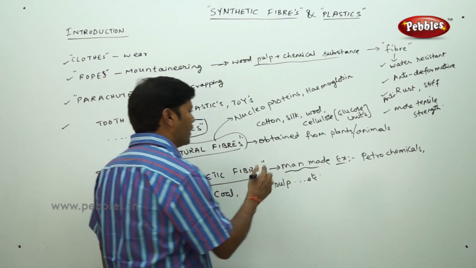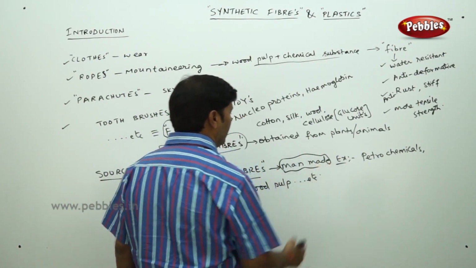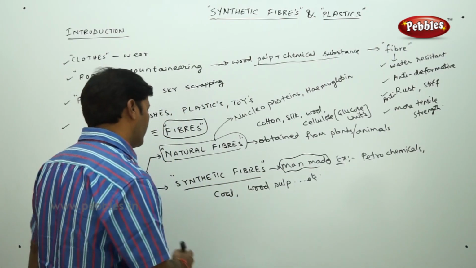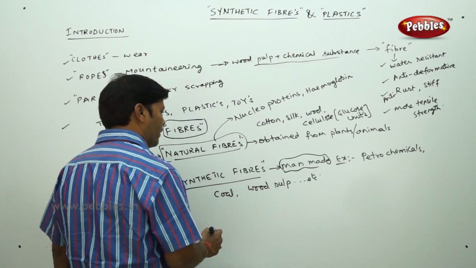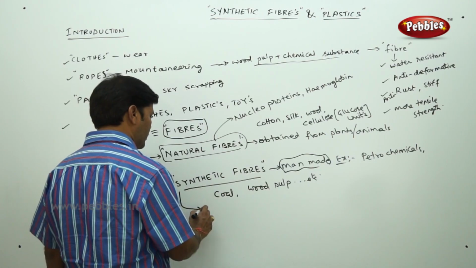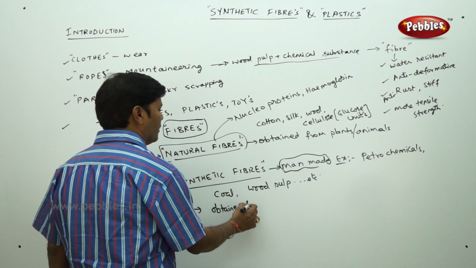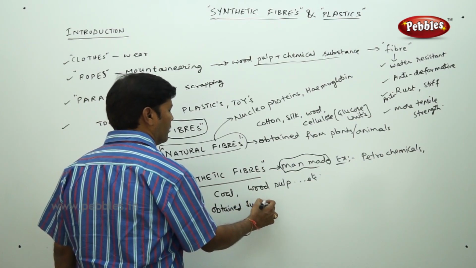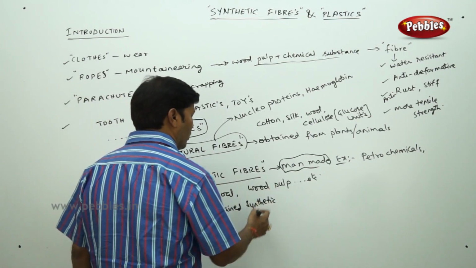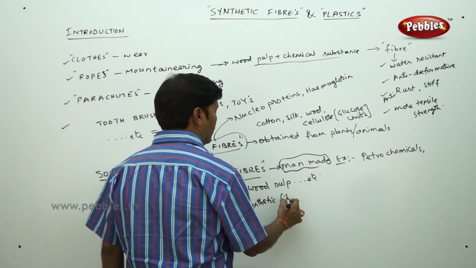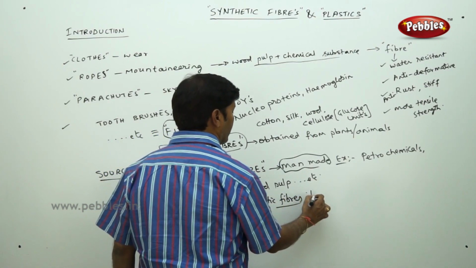These synthetic fibers have certain advantages as well as certain disadvantages. So what are the best examples of synthetic fibers obtained from wood pulp or from coal? You can take as many examples as possible.